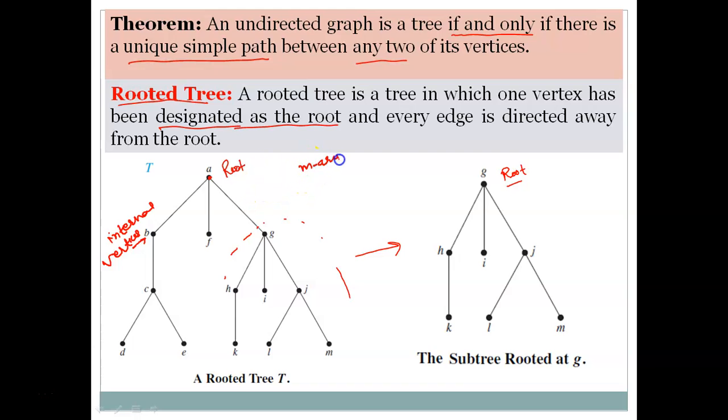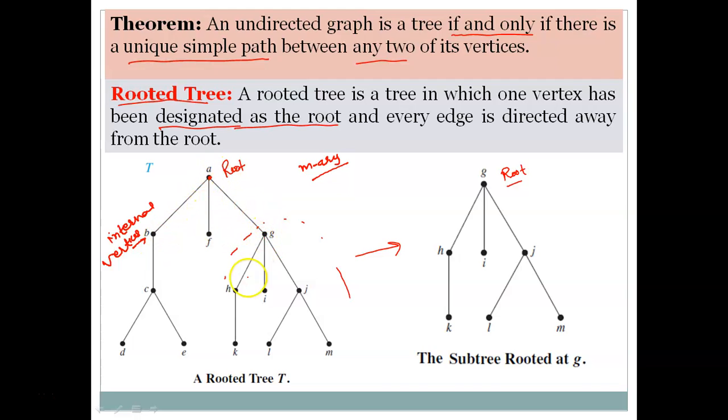Now you see, in this particular tree, just look for a vertex which has the maximum number of children. You can see such vertices are A. A has 3 children.